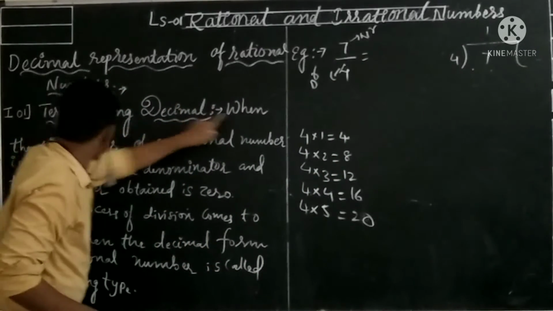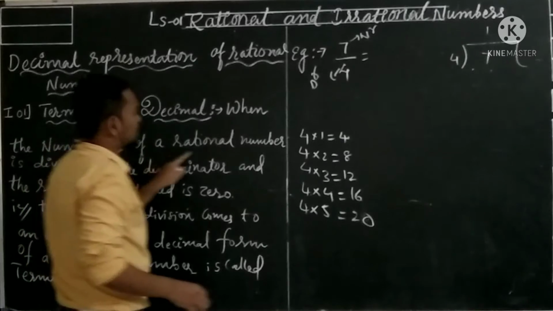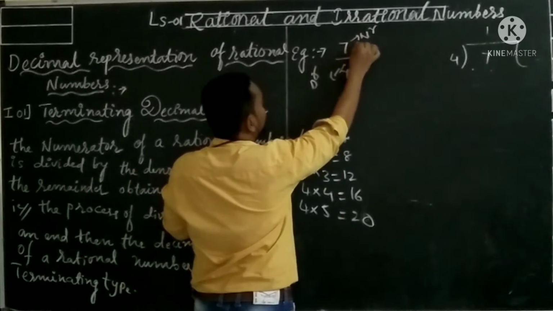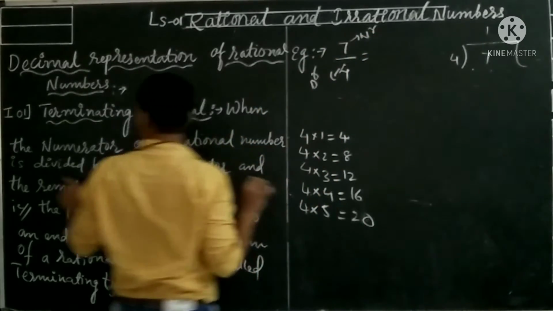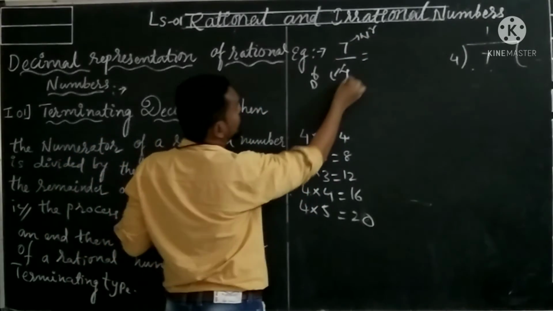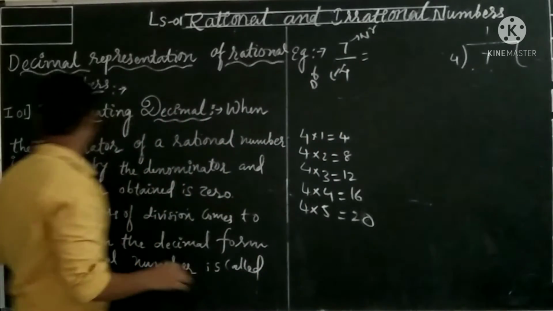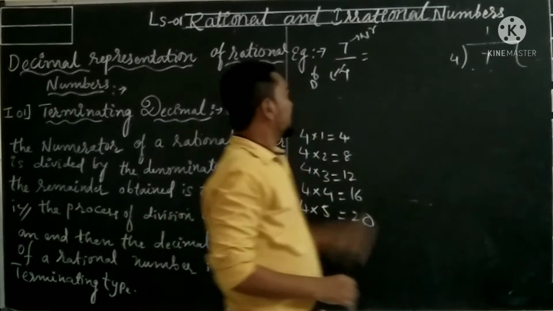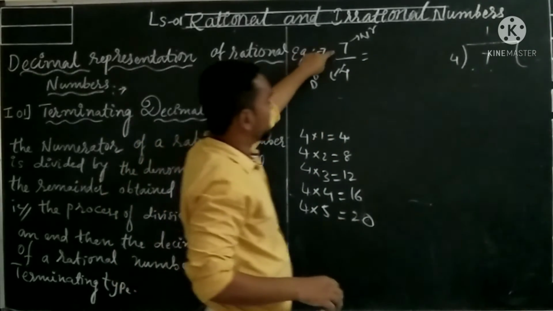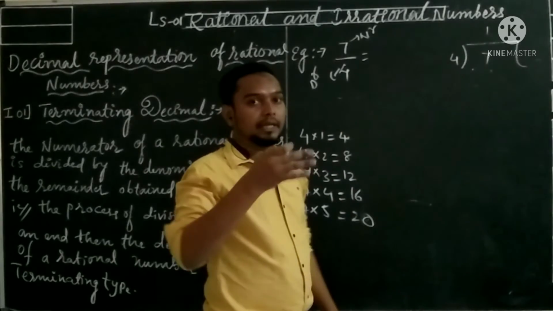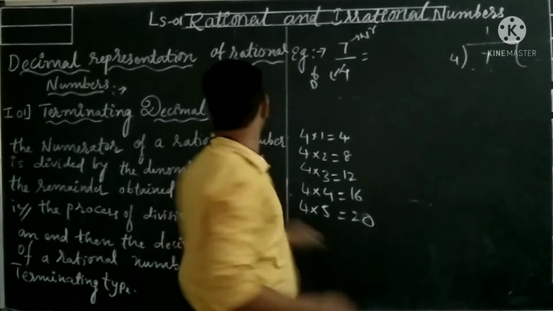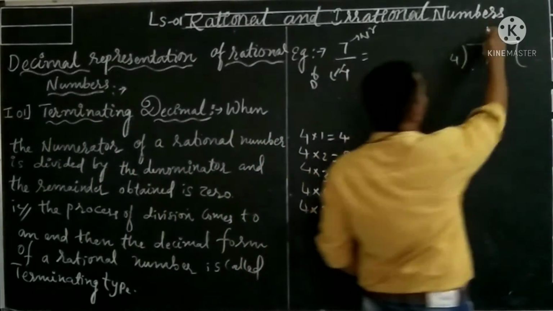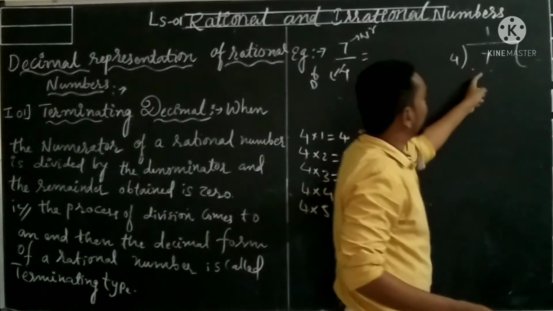Here, when the numerator of a rational number, 7, is divided by the denominator, 4, and the remainder obtained is 0, that means it is a terminating decimal.